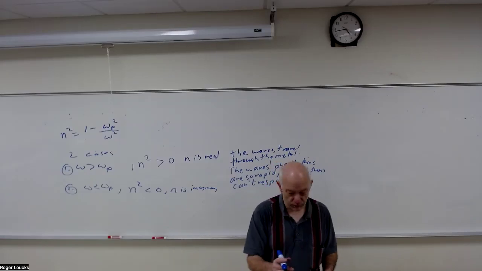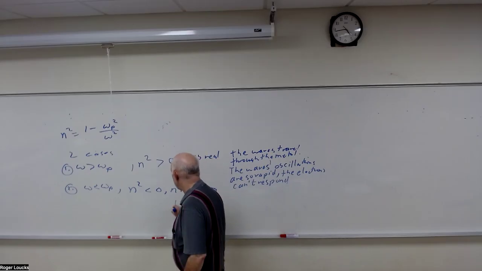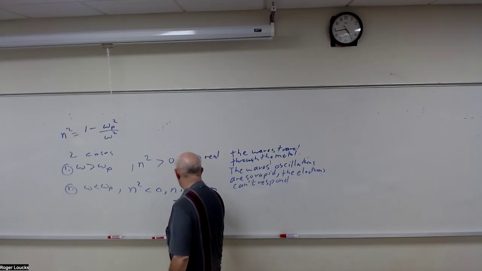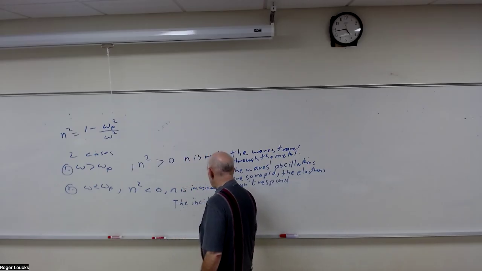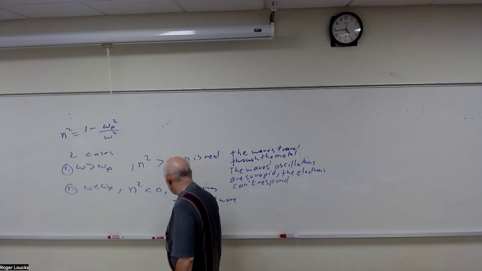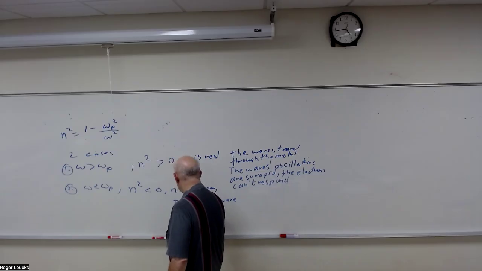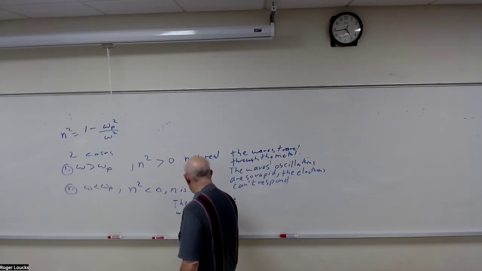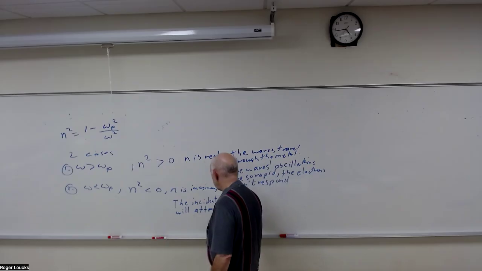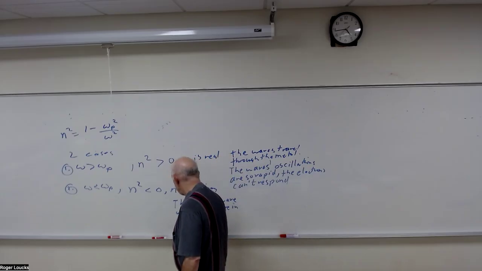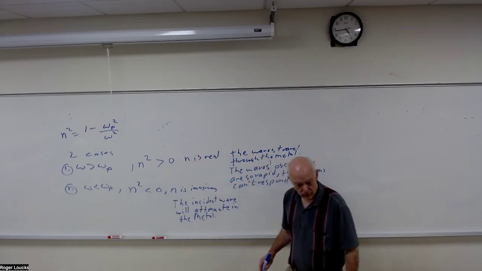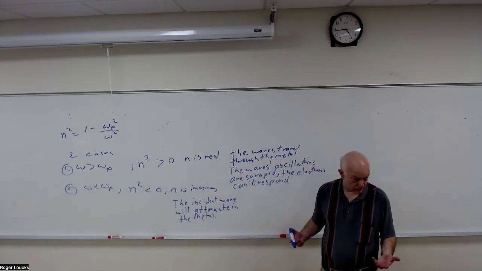The wave is dead. What's going to happen here is that the incident wave will basically attenuate in the metal. And so the wave is not going to get through the metal.